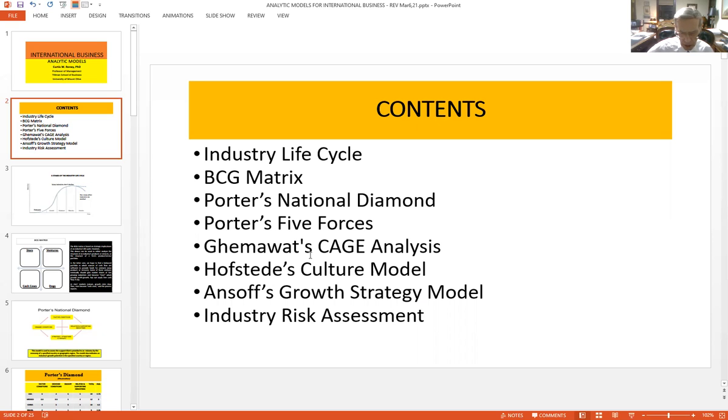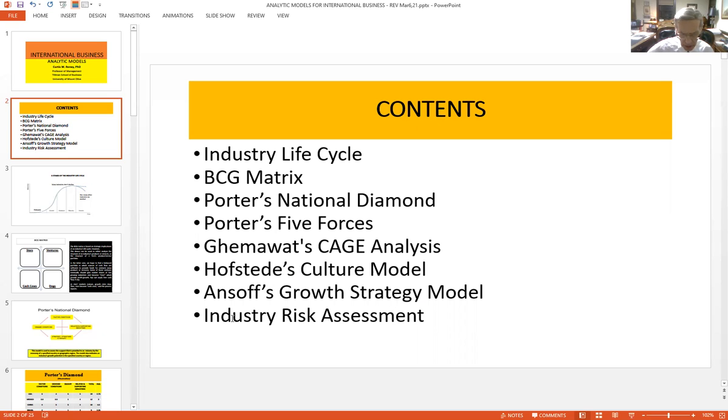The CAGE model and the Hofstede culture model give us some information to do a better job with Porter's 5 Forces. The Ansoff growth strategy matrix is just what it sounds. It helps us make some decisions about the direction that a business will take.